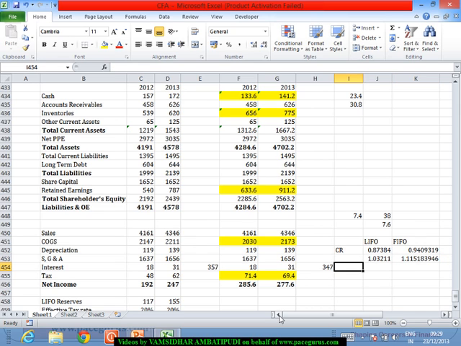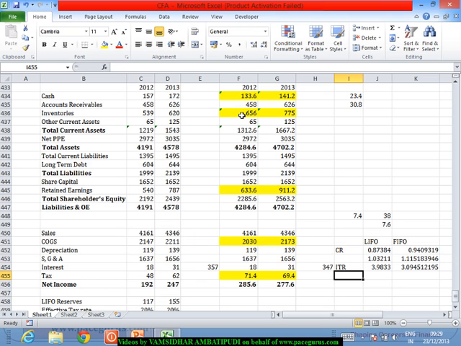Then we can also think of the inventory turnover ratio. In the inventory turnover ratio, I am looking at cost of goods sold by inventory. Cost of goods sold divided by inventory in any of the years. So when I am looking at the FIFO case, cost of goods sold divided by inventory.